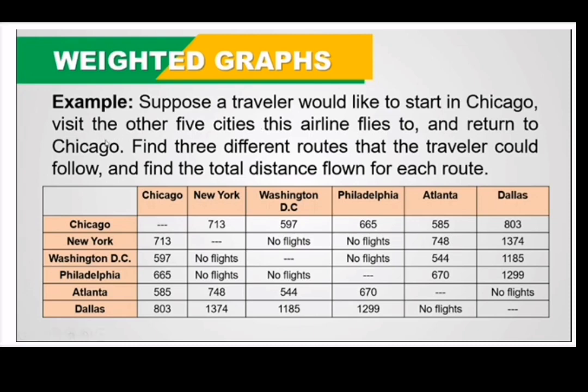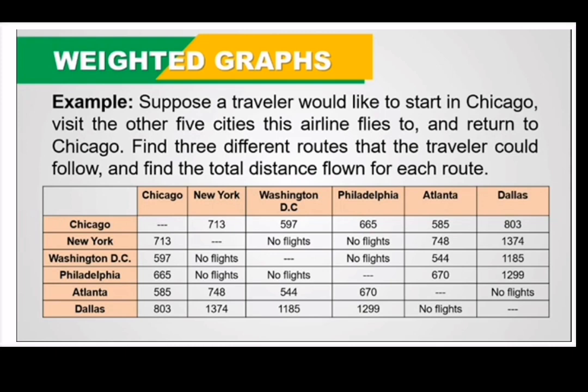So this is an example of a Hamiltonian circuit because we will start at the same location, which is Chicago, and then return to the same location, which is again Chicago, and we have to pass through the 5 cities.